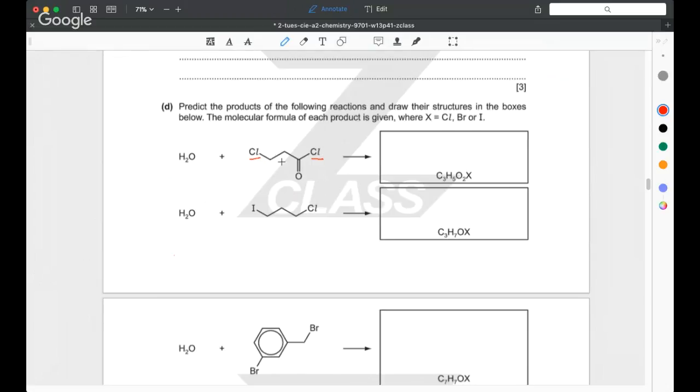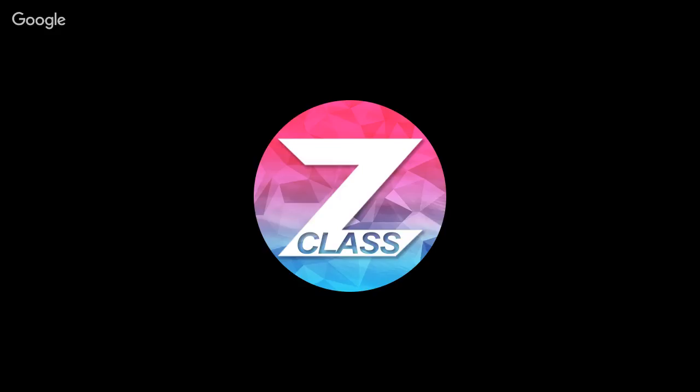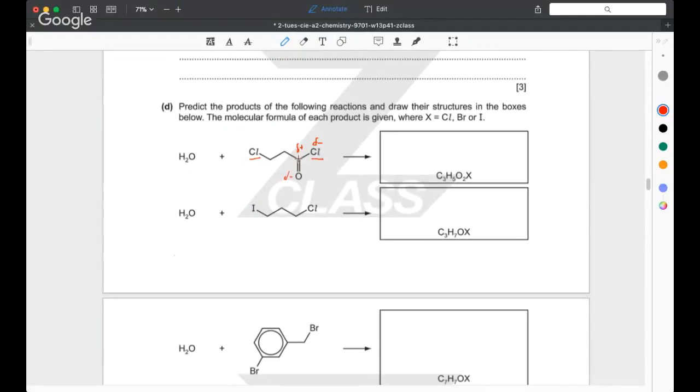And if you look here, then that carbon there is going to be more susceptible to nucleophilic attack than that carbon there, because that carbon there isn't quite as positively charged.